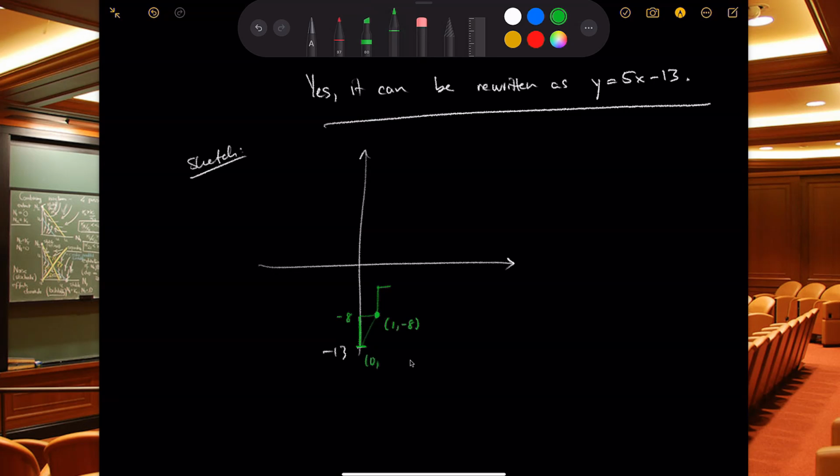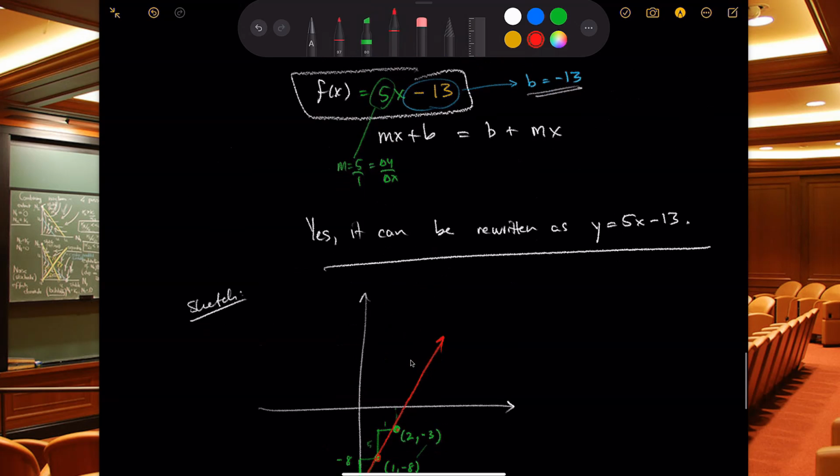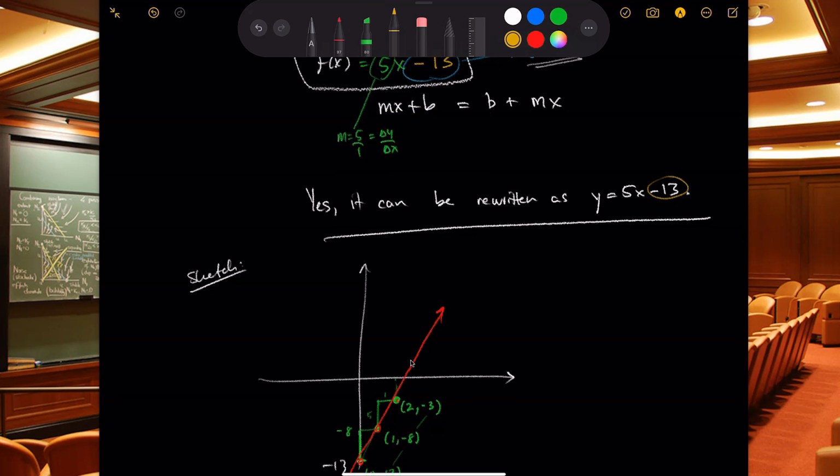Over here this was 0, negative 13, the vertical intercept. And the next one over would be up 5 over 1. So I'd be at an x value of 2 and a y value of negative 3. I just added 5 here to here to here. And so then I can get a sketch for this line because I have enough points to see the rest of this relationship. But we're going to dive into the graphs more in the next section. But that's all you need to know about the line is the starting value and its slope.